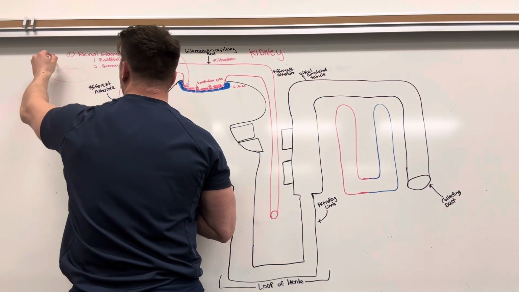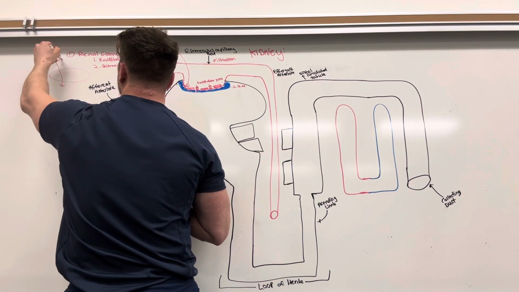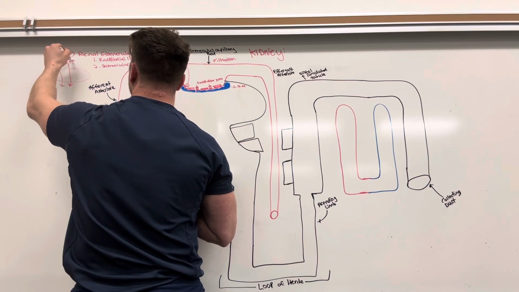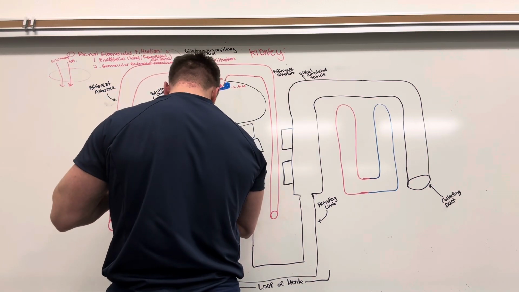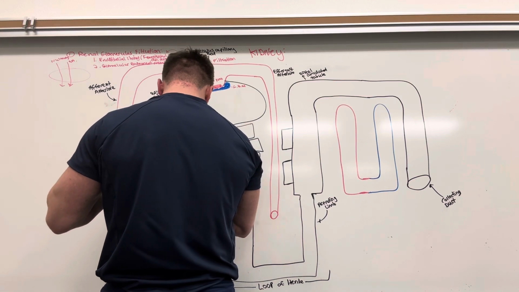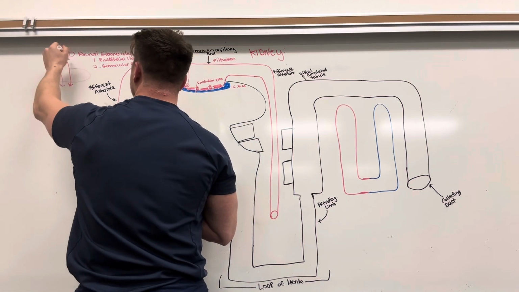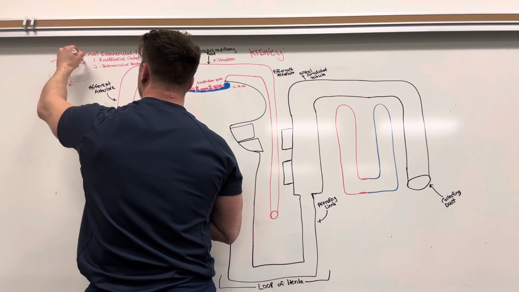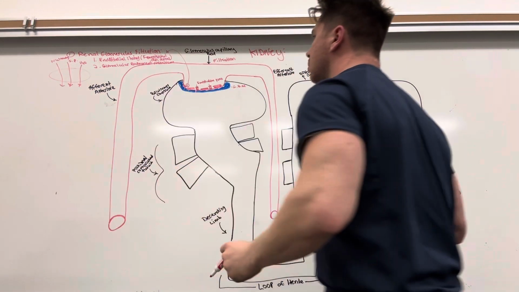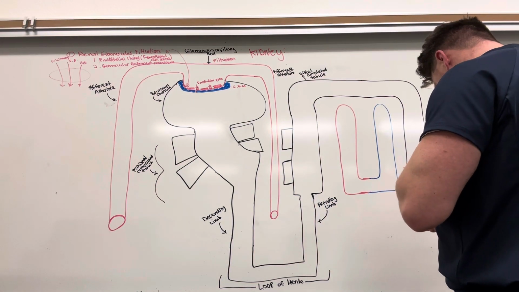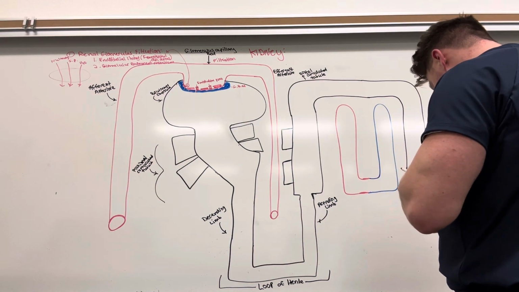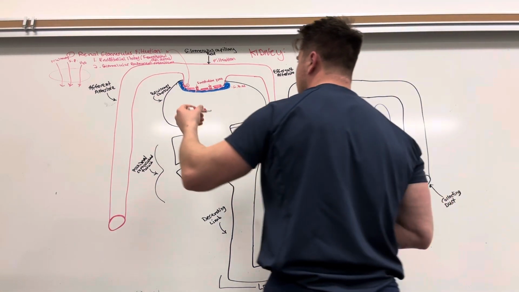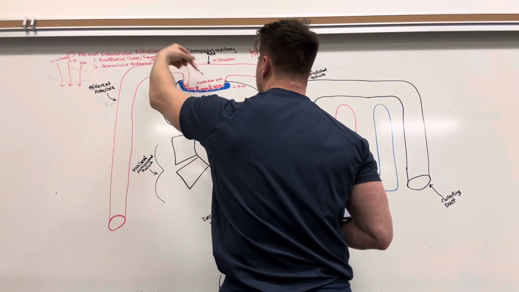So a fenestrative pore would allow for nutrients, amino acids, electrolytes, and what we call small proteins, and water to come in. But it doesn't allow formed elements to come in, like red blood cells, white blood cells, and platelets. Those things can't penetrate.